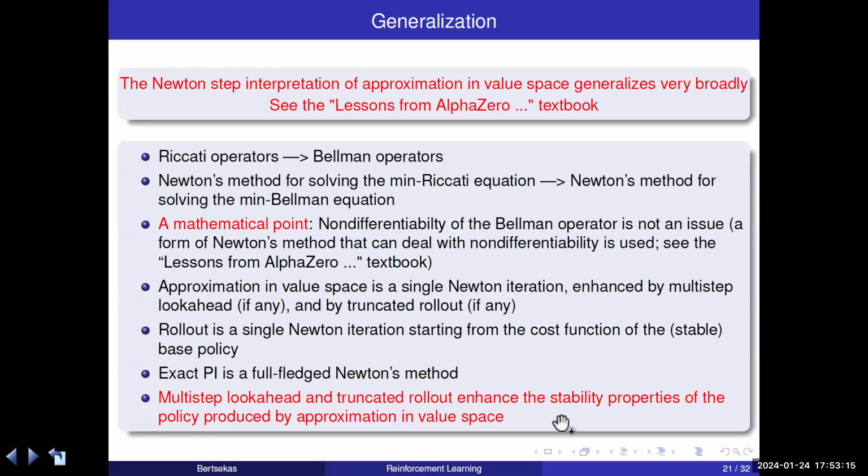And a key insight is that multi-step lookahead and truncated rollout enhance the stability properties of the policy produced by approximation in value space, and also lead to more stable methods that tend to work in spite of the many approximations that you may make in their implementation. Of course, multi-step lookahead costs a lot of computation, and that's the trade-off: better performance versus increased computation.